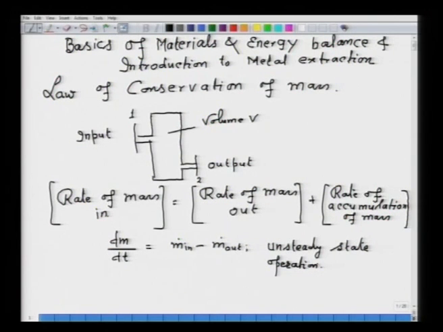Now, this material balance equation is written for each and every component of the system. Suppose in a system 10 different elements or 5 different elements are entering, and 5 or 10 different elements are leaving the system, then we have to write the mass balance for each and every component.